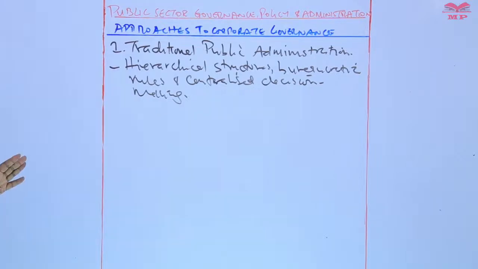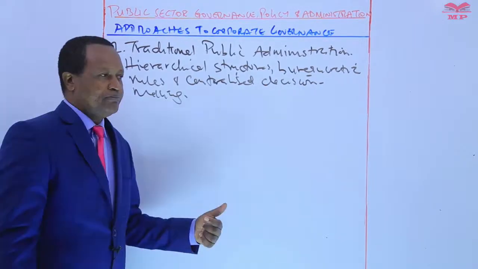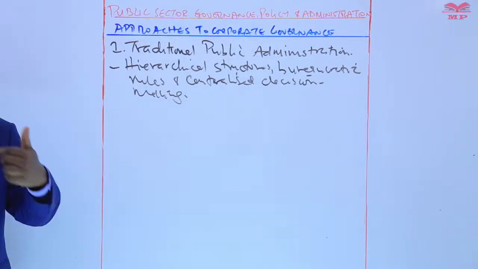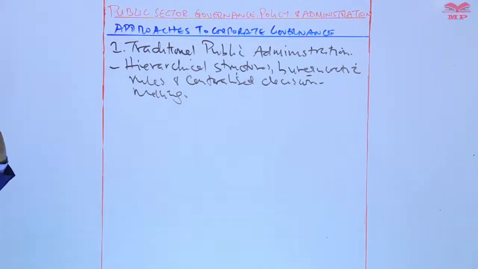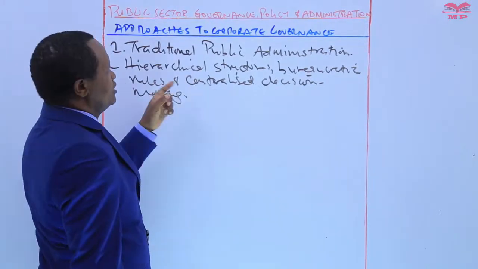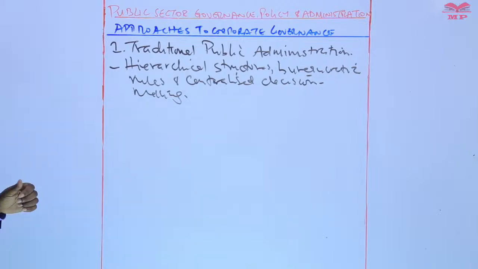And this structure or approach prioritizes accountability, but it is quite rigid and slow to respond to changing circumstances. Because of bureaucracy, change in this approach is not easy. That is the traditional public administration.